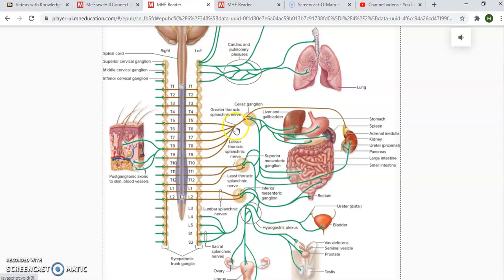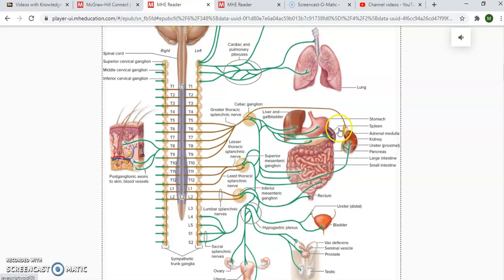But in this case, the one preganglionic motor neuron that's going to take nerve impulses to the adrenal gland is relatively long. And you'll notice that the green represents our postganglionic motor neurons, and we don't have a green postganglionic motor neuron here. So the preganglionic motor neuron of our sympathetic system is going directly to that adrenal gland to stimulate it.